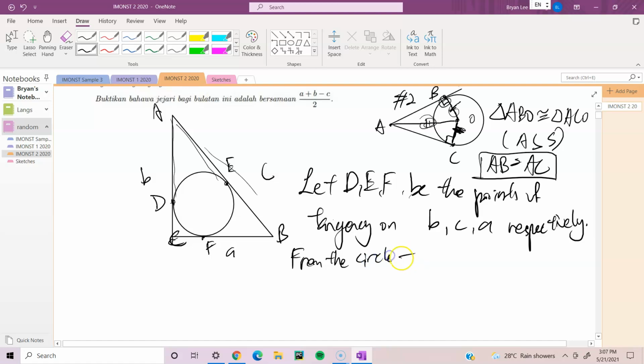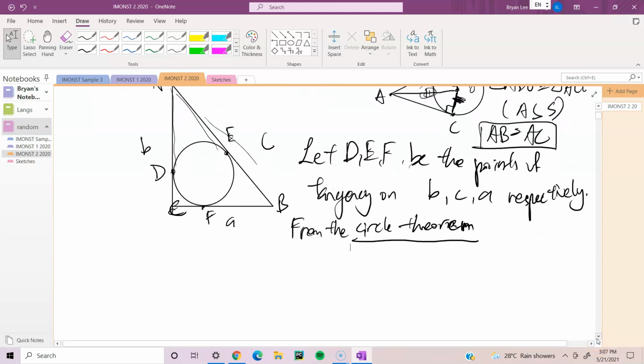And then from the circle theorem, there's a lot of things in the circle theorem, to be honest. I'm not really sure if this is the correct name, but anyways, from the circle theorem, we know that AD equals AE.